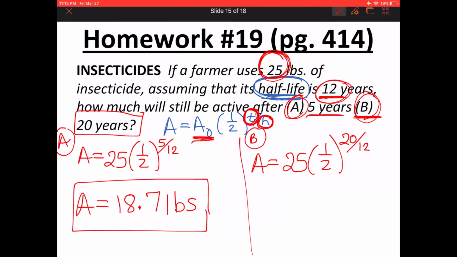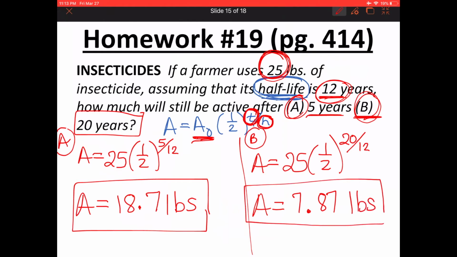So I go ahead, set up my equation, and when I enter that into the calculator, I end up with 7.87 pounds.